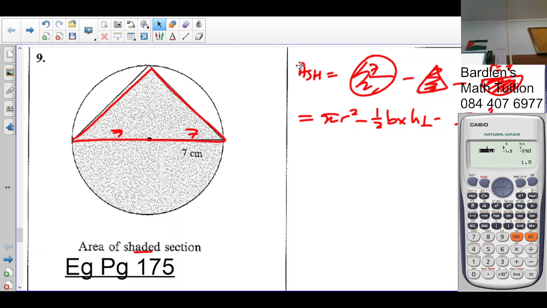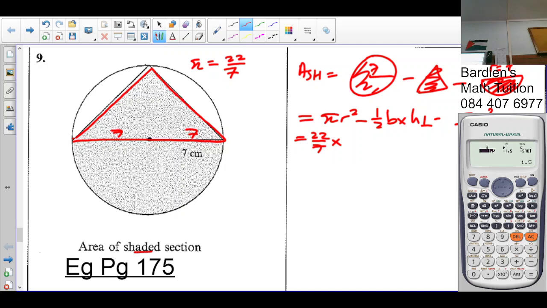Okay, carry on. So let's do the substitution. We said pi is going to be what? 22 over 7. It's going to be 22 over 7 times r squared, 7 squared. So you write it in. Minus a half times you write in the base.